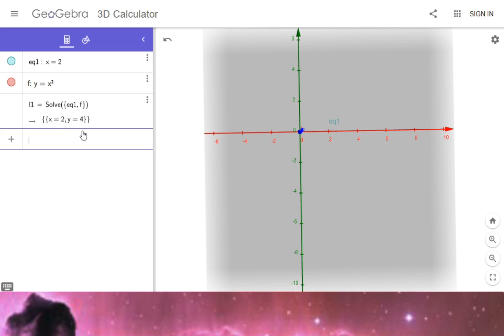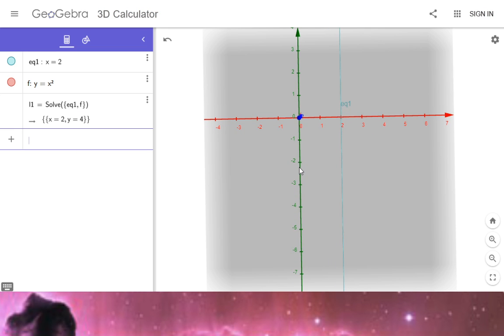X equals 2, y equals 4. Equation 1. Yeah, but that's only for one value. See, y equals x squared is supposed to look like a parabola. And I'm not seeing it here.